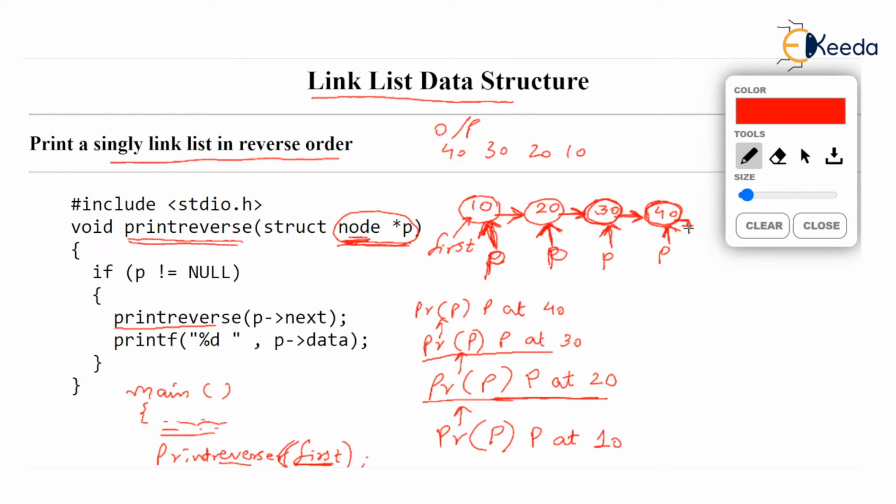What that means is print reverse function is called by literally passing a null value to this pointer P. Hence, print reverse now starts again. This fresh function starts with pointer P and P is literally equal to null. So print reverse function has been called with the parameter P equal to null.